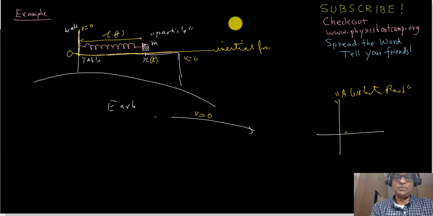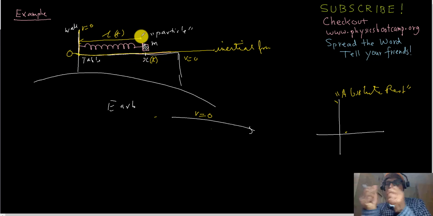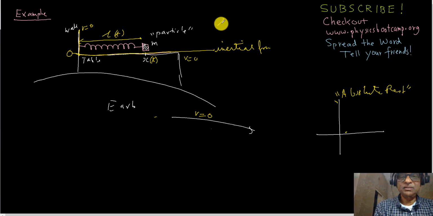And we'll say the spring does not apply any force if it has its original length. A spring is such that when you pull it, it tends to pull from both ends, but the spring doesn't apply a force when it's at its original, undeformed length. So L0 equals the unstretched length of the spring.